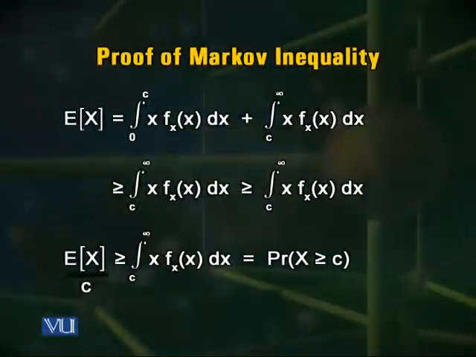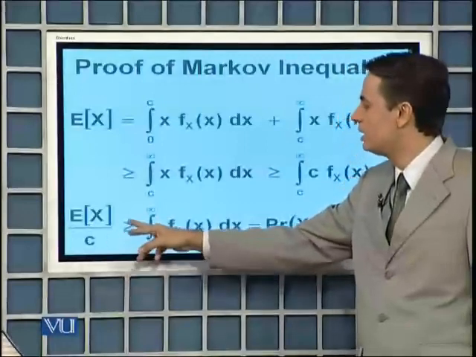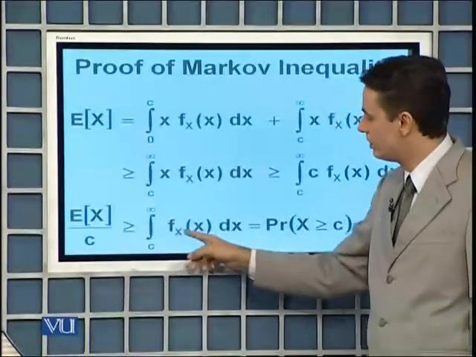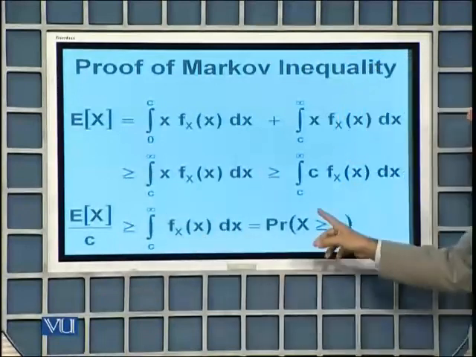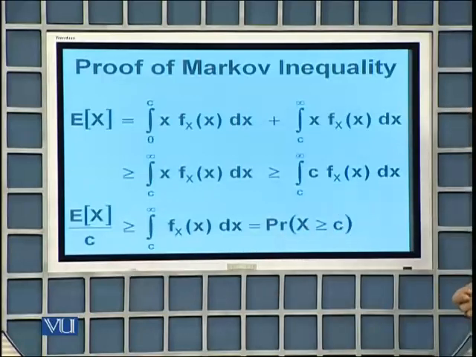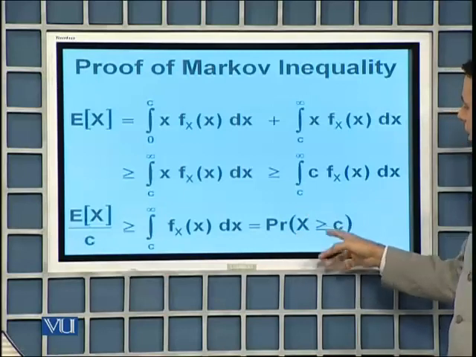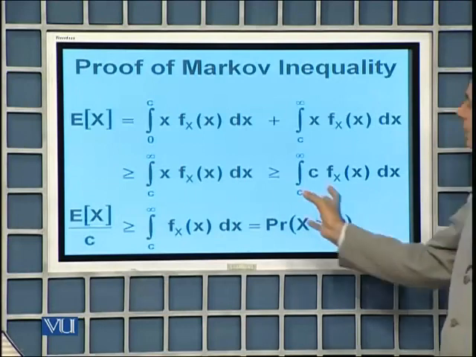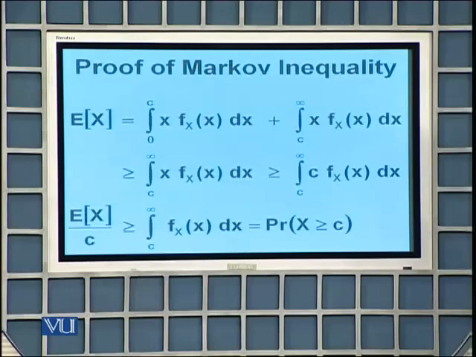Now all you have to do is take c to the other side below this expected value of x, and you get this expression that expected value of x divided by c is larger than integration of PDF from c to infinity, which is nothing but probability of x being larger than c. If you rearrange the terms, you will certainly get the result of Markov inequality, that probability of a positive random variable x being larger than c is less than this expression, which is expected value of x divided by c.